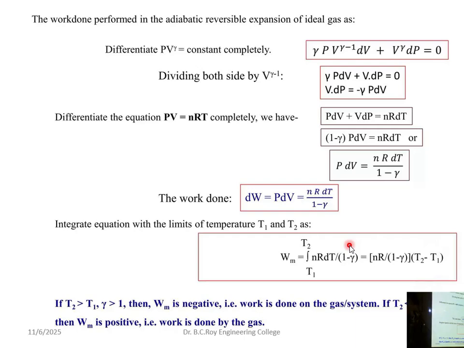So delta E equal to CV delta T, that you know. So what is done? W equal to minus delta E, because what is the relation? Q equal to delta E plus W, and adiabatic means Q equal to 0. So W equal to minus delta E, CV delta T, so T1 minus T2.